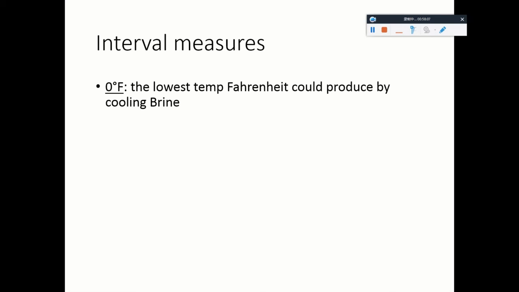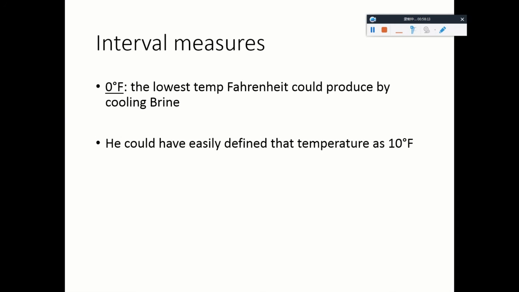Right? So this is what we mean by saying that an interval scale like the Fahrenheit scale has an arbitrary 0 point, right? So in this case, it could easily have a very different system treating 10 as the lowest temperature. Okay?